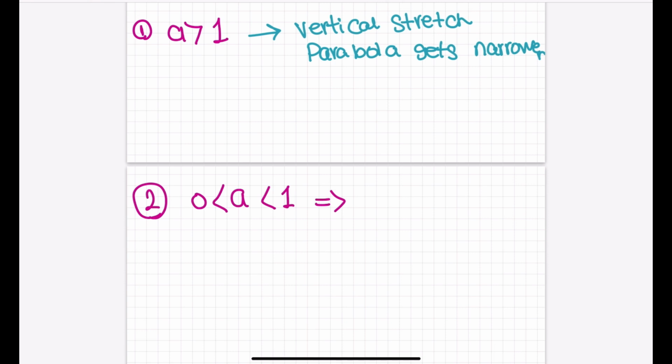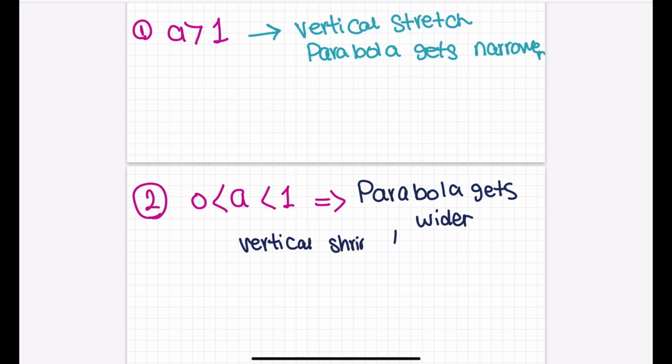You have a vertical shrink. Your parabola gets wider, and it's a vertical shrink.